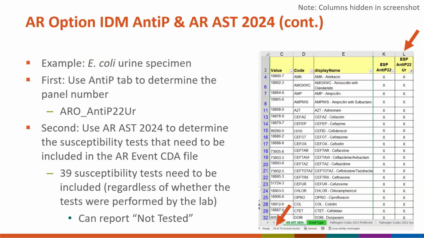And I can see that there are 39 susceptibility tests that need to be included in my AR event file, regardless of whether they were reported by the lab. But as you know from your AR reporting trainings, even though the lab doesn't test it, that's okay. You can just report not tested. We do not expect your lab to test all 39 of the susceptibility tests. Next slide, please.